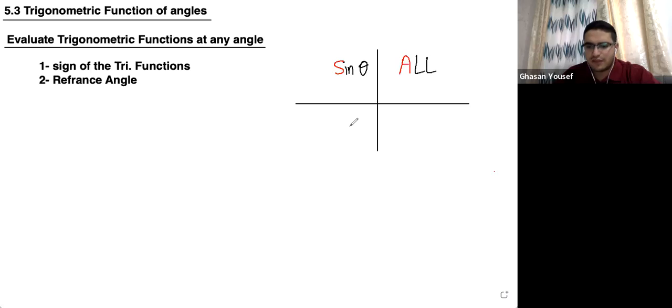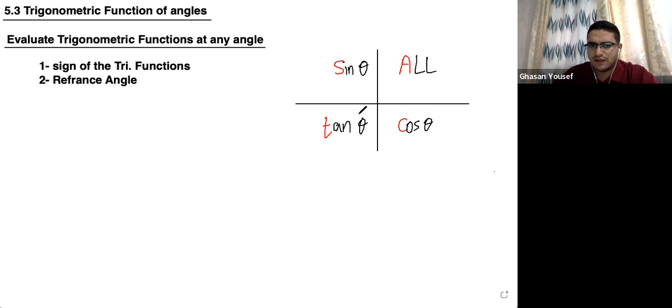are negative. For the third quadrant, the only function that is positive is the tan function, the tan of theta. And for the fourth quadrant, the only function that is positive is the cosine function. The cosine, and the reciprocal of the cosine, the secant function.